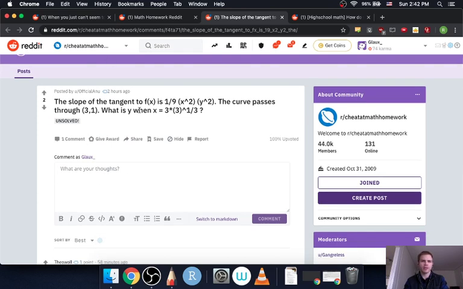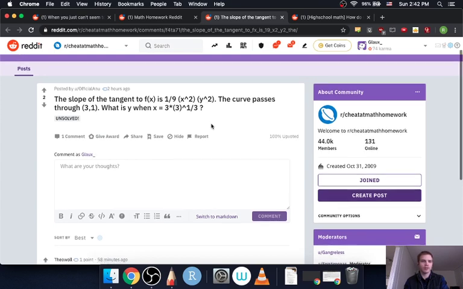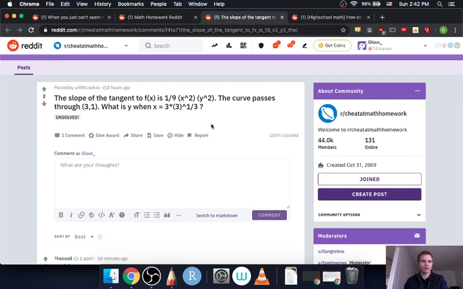So the slope of the tangent to f of x is 1/9 x squared y squared. Okay, so this is like a differential equation. So we have some data.